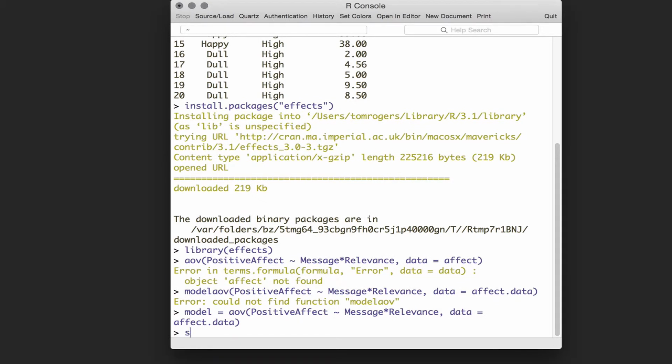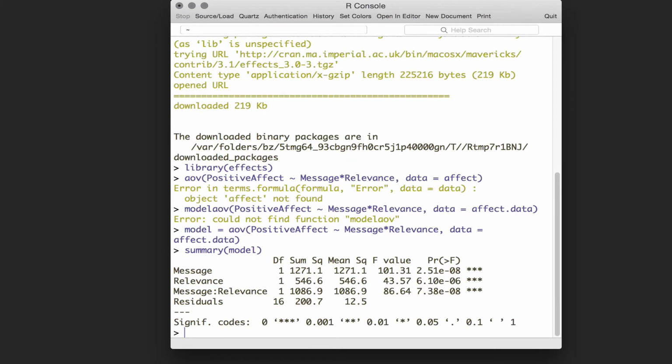Now we can run a summary of our model to find out about our different effects. So this might look complicated, but it works on the same principle as the one way ANOVA. The first row tells us about the main effect of message, so whether the person got a happy or a dull message.